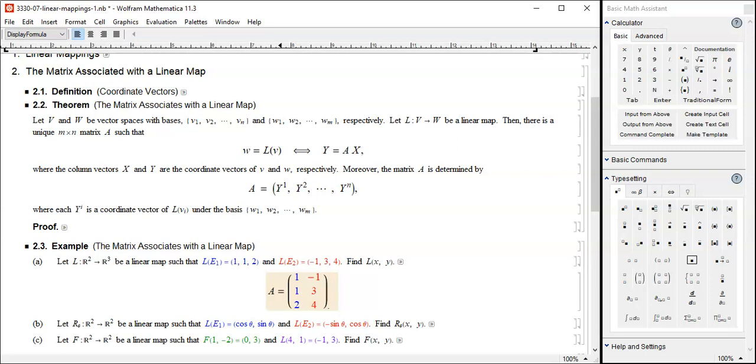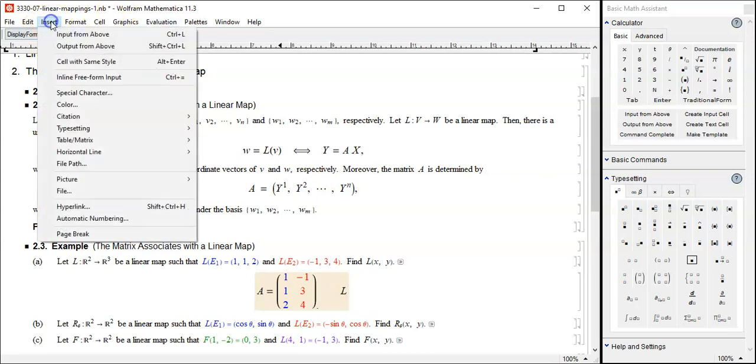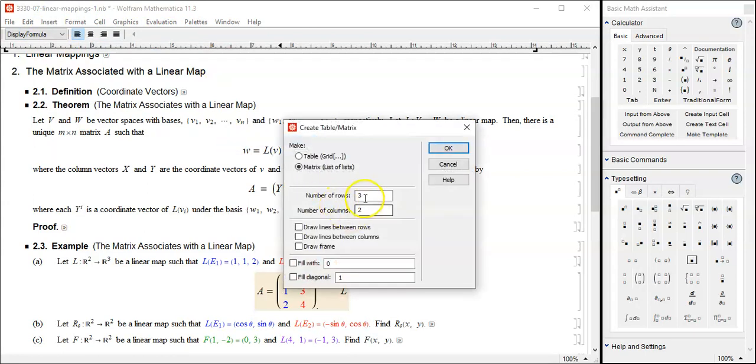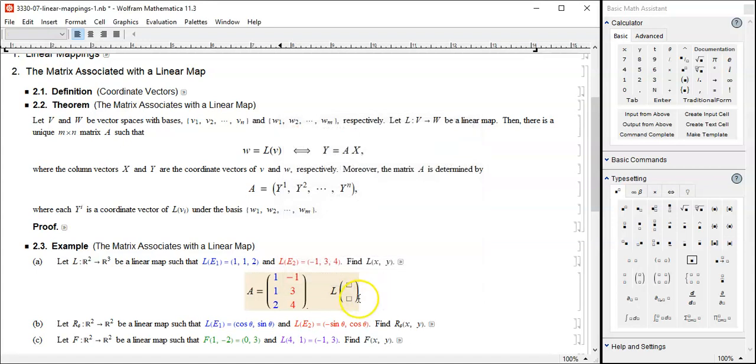And then L of xy can be written as A times xy, or equivalently, this matrix times xy.